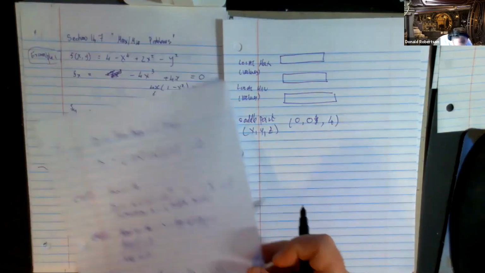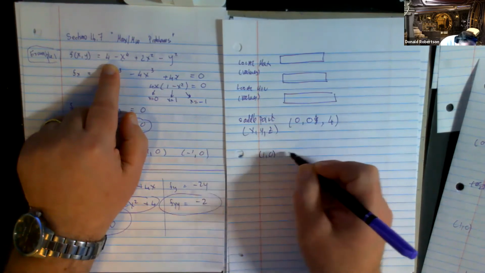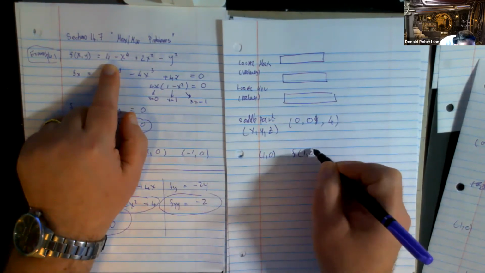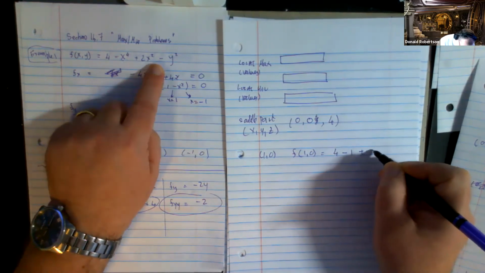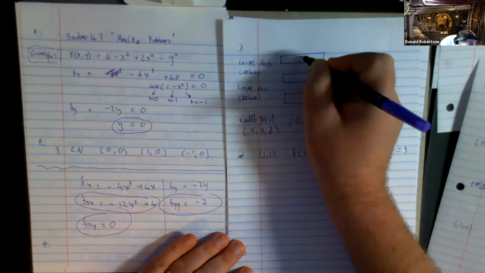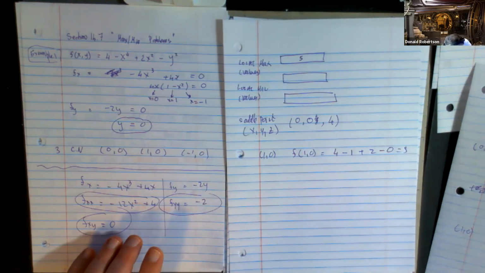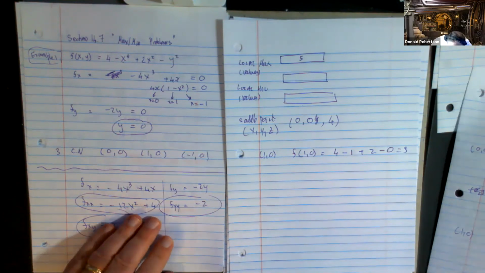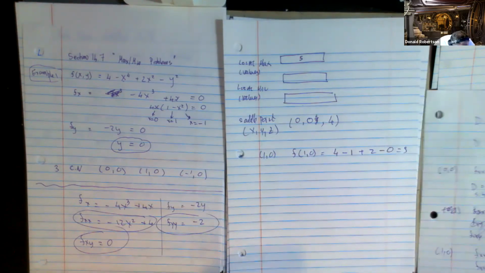So we have a local max at 1, 0. Well, at 1, 0, this fella here is 4 take away 1 plus 2 take away 0, which is 5. So you only put in, oops, what was that, local max or min? Which one was that? I get too many pieces of paper here.